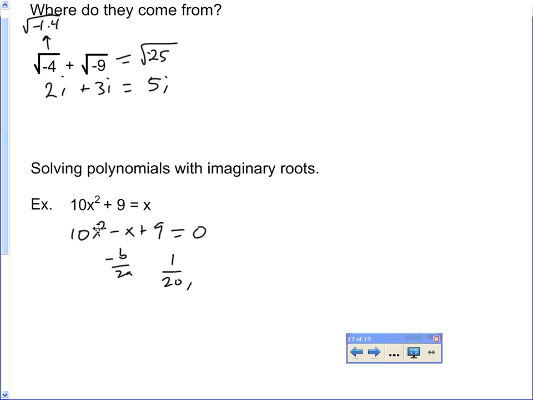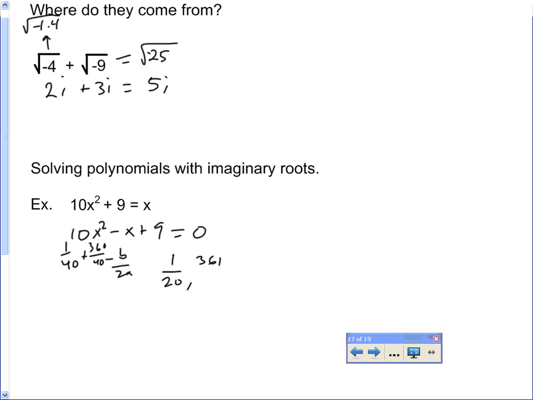If I put this in for x, I'll get the y coordinate. So 1 over 20 squared is 1 over 400, times 10 is 1 over 40, plus 9. 9 would be 360 40ths.